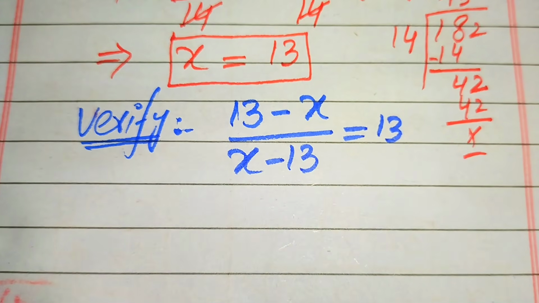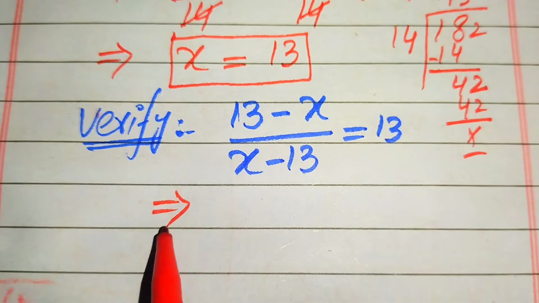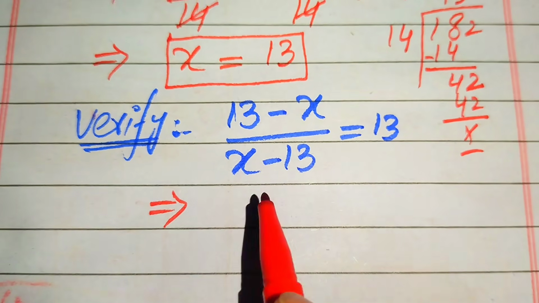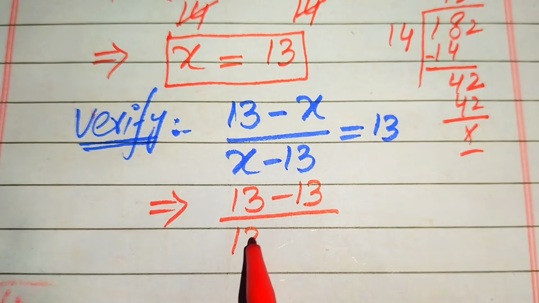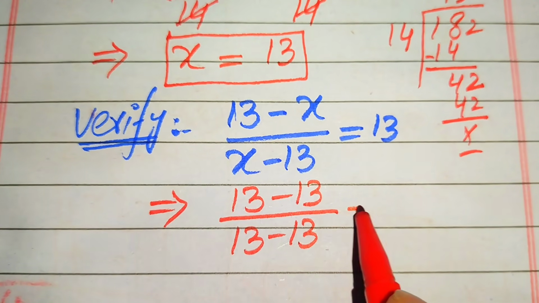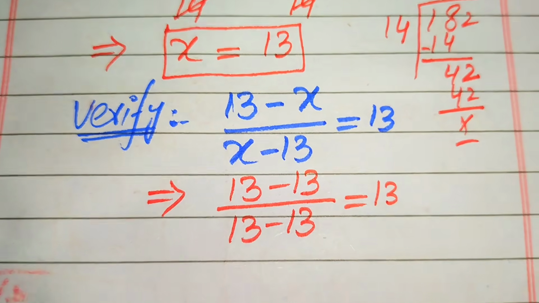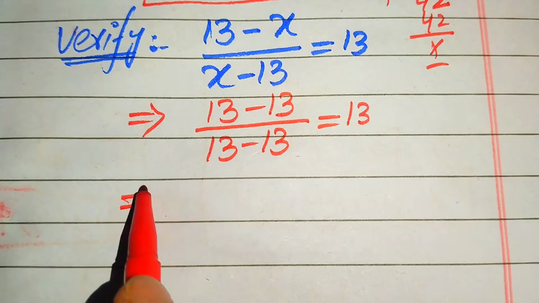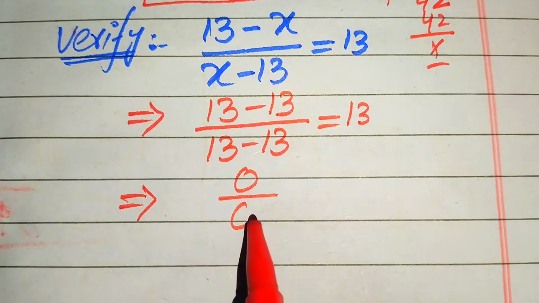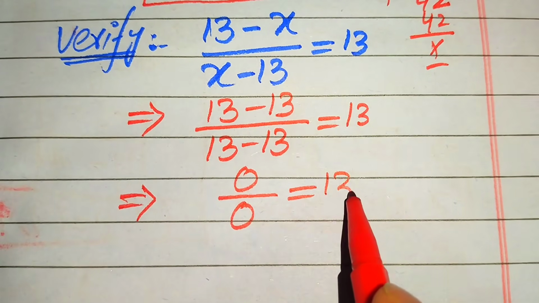So here we substitute x is equal to 13 into the left-hand side, and this becomes (13 minus 13) divided by (13 minus 13) is equal to 13. In the next step, 13 minus 13 becomes 0, so we have 0 over 0 is equal to 13.